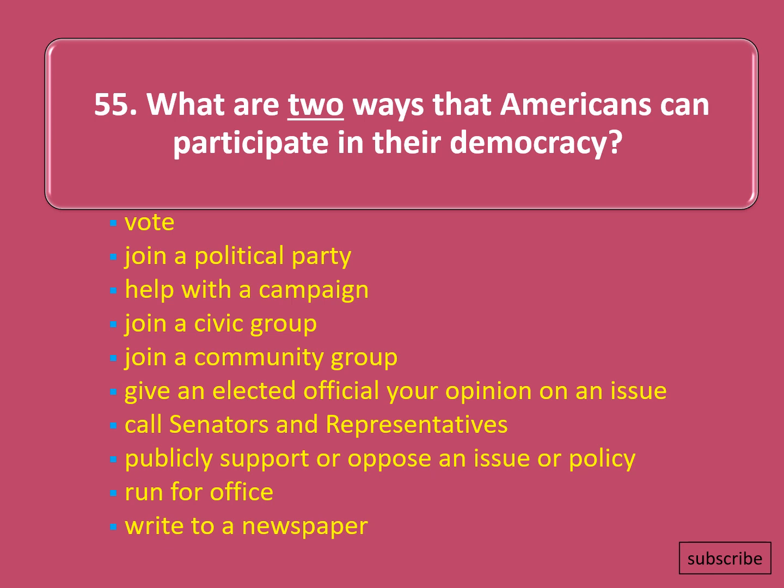Help with a campaign. Join a civic group. Join a community group. Give an elected official your opinion on an issue. Call senators and representatives. Publicly support or oppose an issue or policy. Run for office. Write to a newspaper.